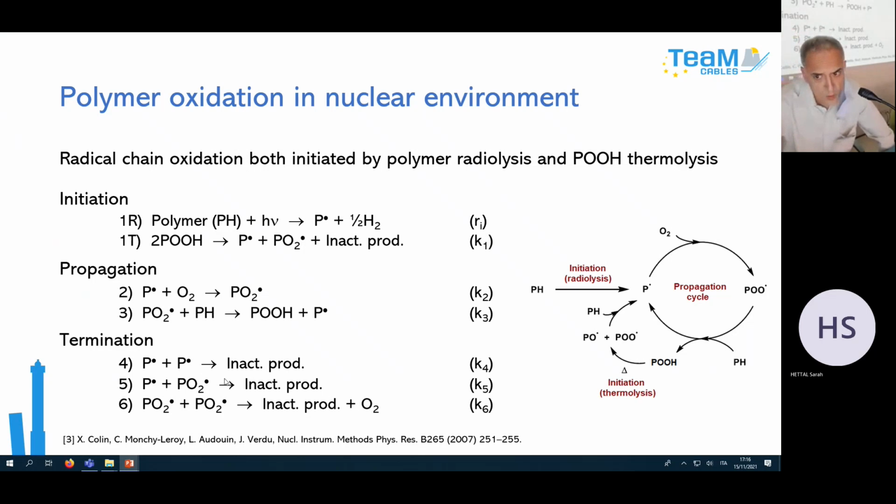So one simple way to represent this radical chain oxidation is presented here in this scheme.